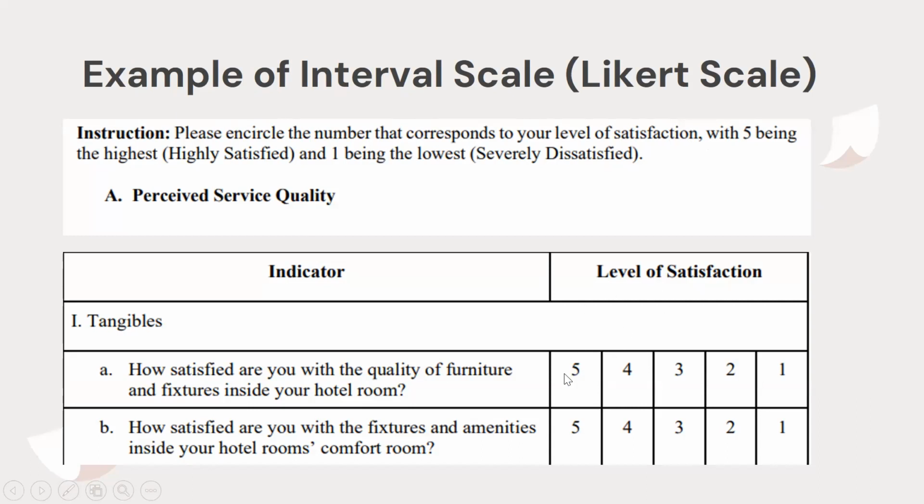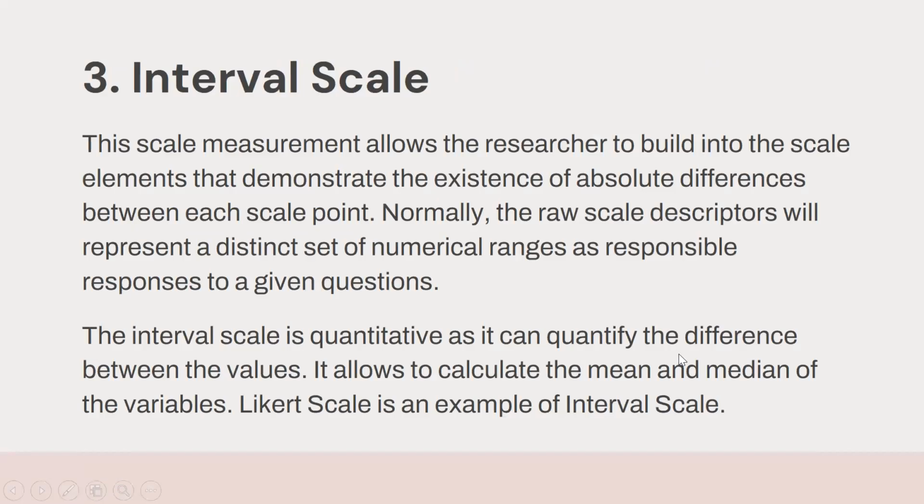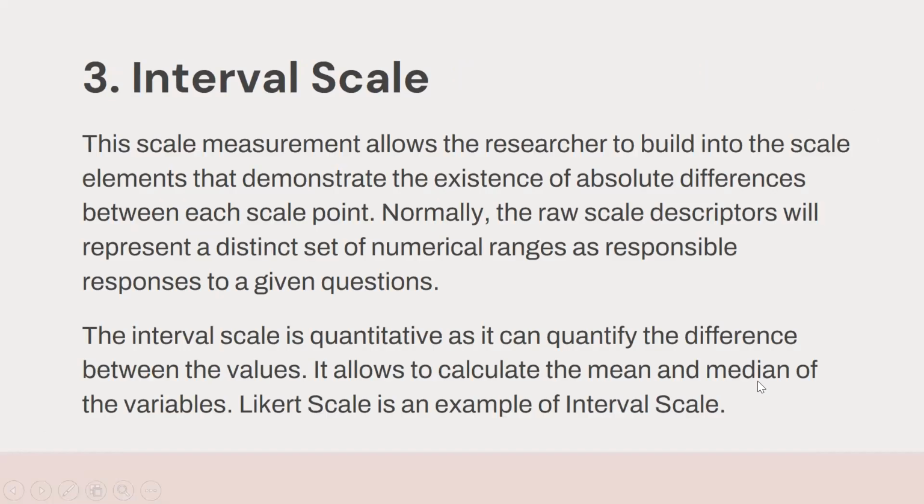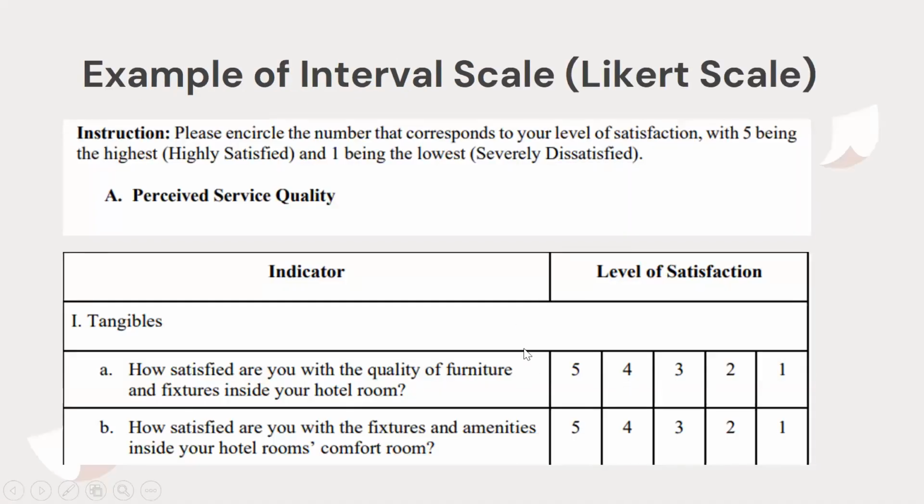So the researcher studies the difference between these different scale points. There is a level of satisfaction, here is the indicator, and so on. So that's an example of a Likert scale. It's more specific.